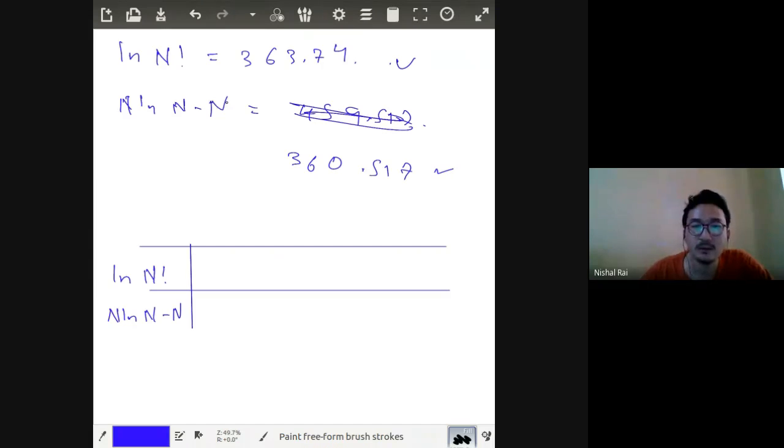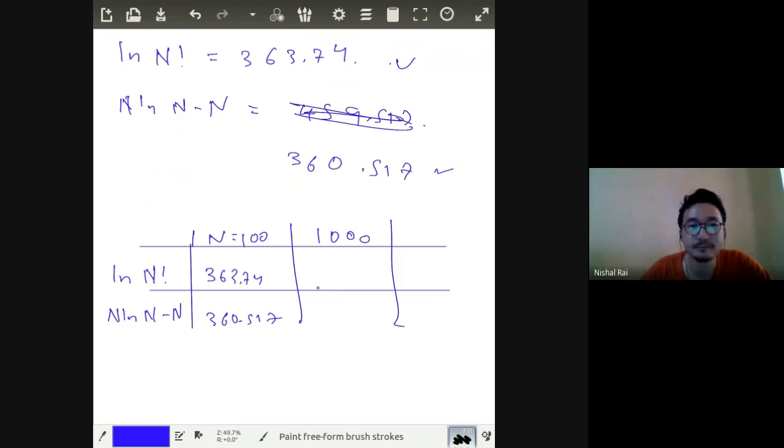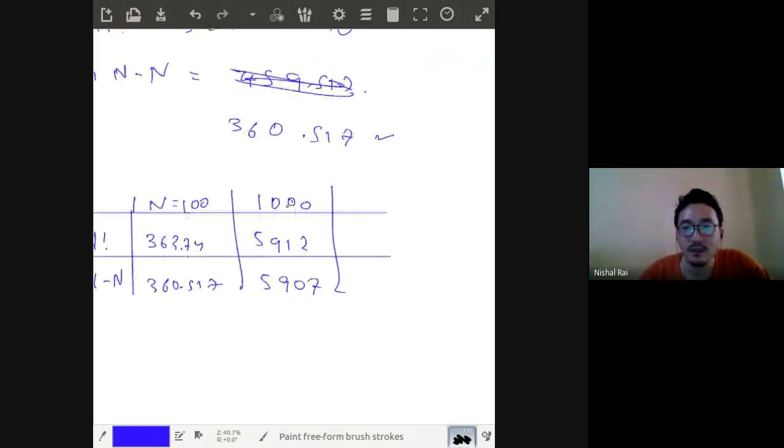For n equal to 100, we got 363.74 and 360.517. For 1000, we get 5912 over here and 5907 over here. Now you can see that both are really closing together. For 10,000, we get 82108.9 over here and 82103.4 over here.